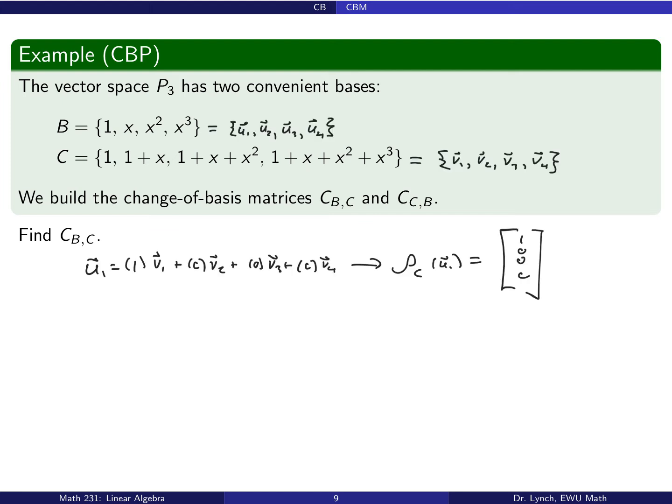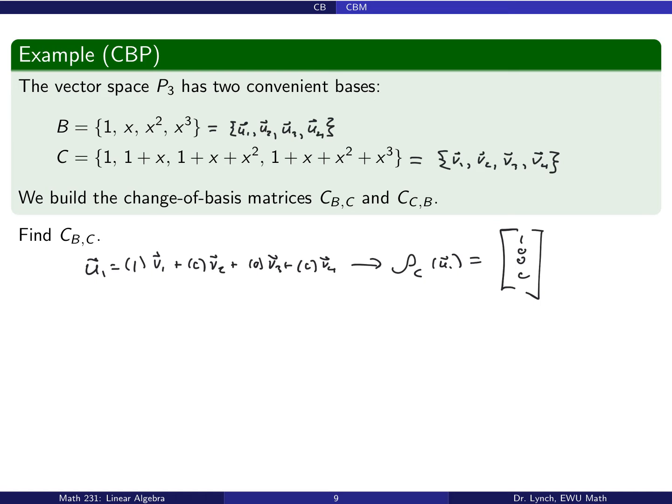I'm going to call the vectors in the basis B U1 through U4 and the vectors in the basis C V1 through V4. It's pretty quick to see that U1 is equal to 1 V1 plus 0 V2 plus 0 V3 plus 0 V4. So we see that the coordinatization of U1 with respect to C is 1, 0, 0, 0.